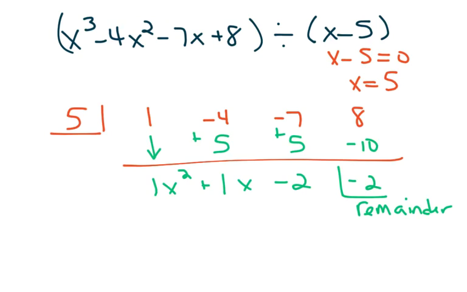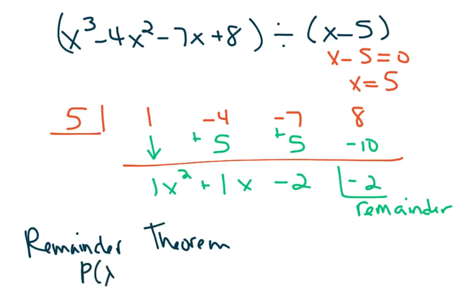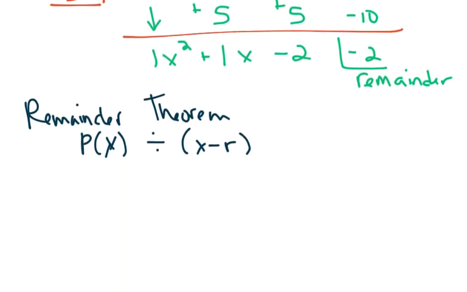So we have something called the remainder theorem. The remainder theorem says when you divide a polynomial p of x by the binomial x minus r, the remainder is going to be a constant.